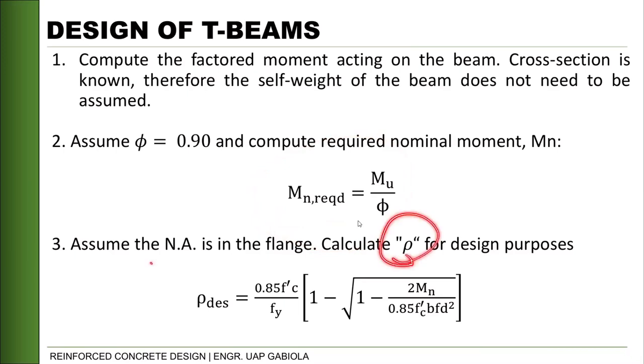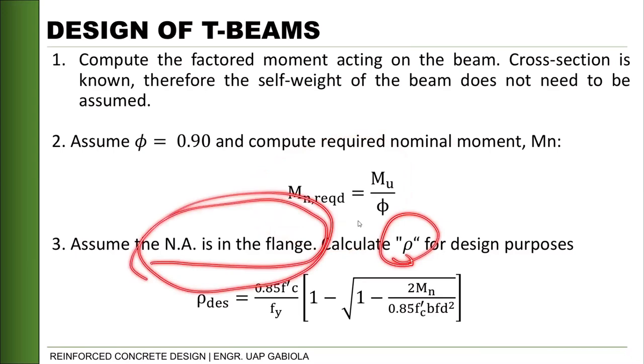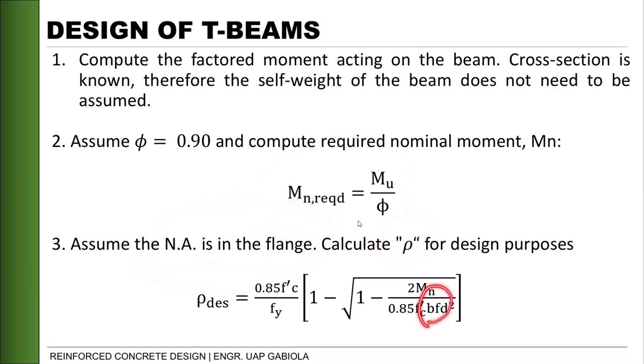So assuming first that the neutral axis is within the flange, it means that the b that we will use here is the width of the flange. If the width of the flange is not given in the problem, we will utilize the table that we have discussed prior and identify the minimum width that is considered as our effective width.